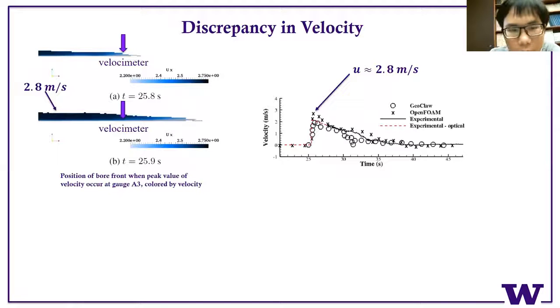That's why we get 2.8 meters per second in the numerical model, because we consistently use a pseudo velocimeter in the numerical experiment to measure velocity at the place we want.